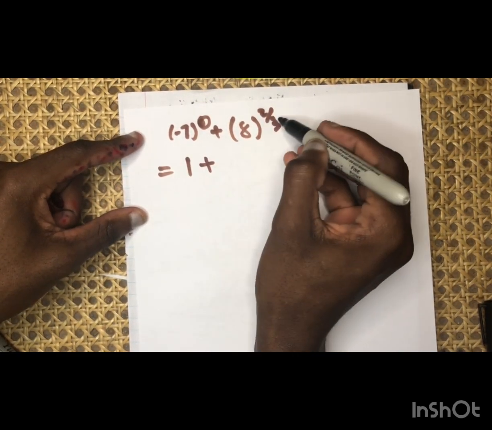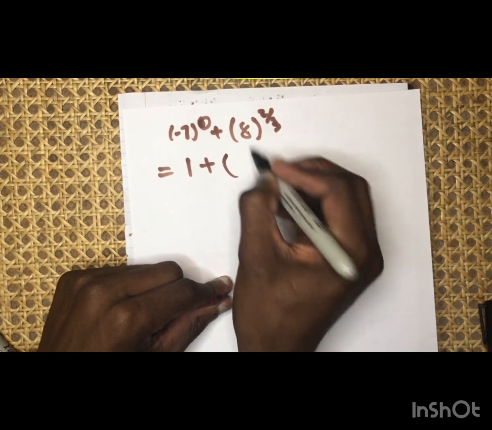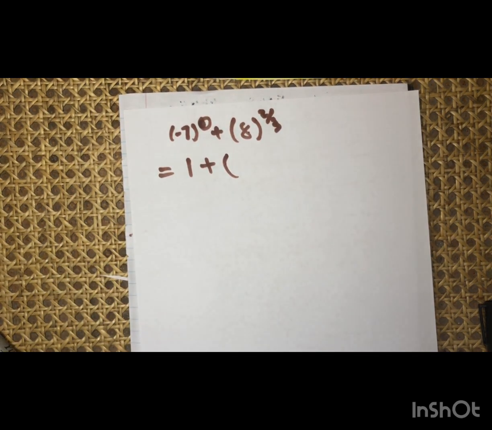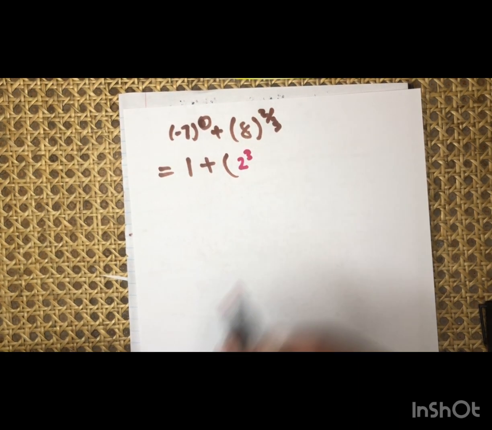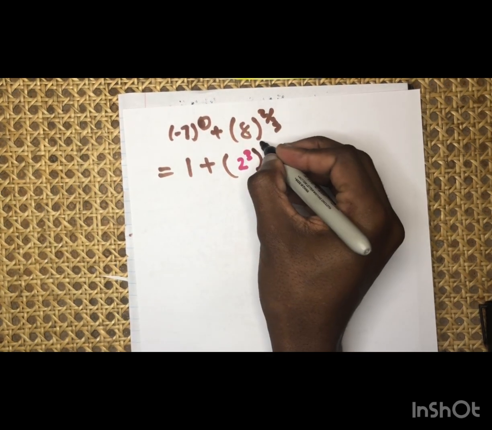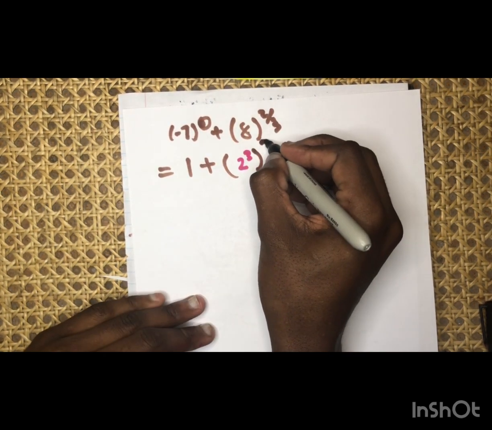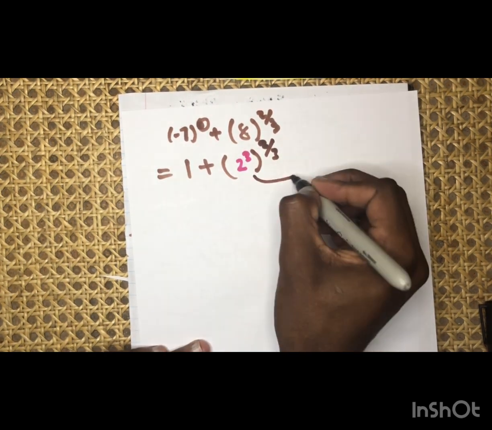Plus, remember, this is your rational exponent. So I have to change this one to make the prime base. If I change 8, 8 will become 2 to the power 3. Understand? And then I close my brackets. Outside I have the rational exponent, which is 2 over 3. Which law can I apply here?